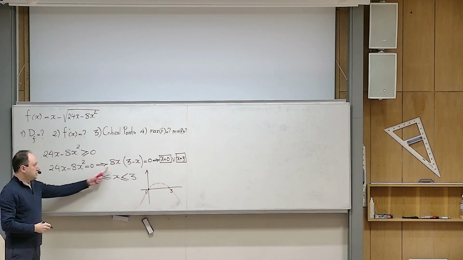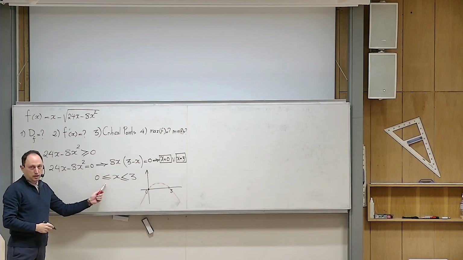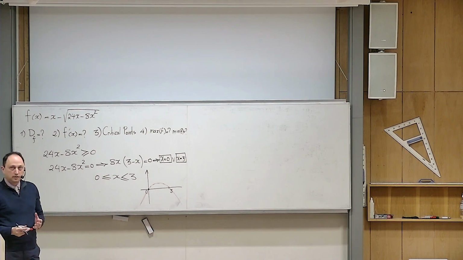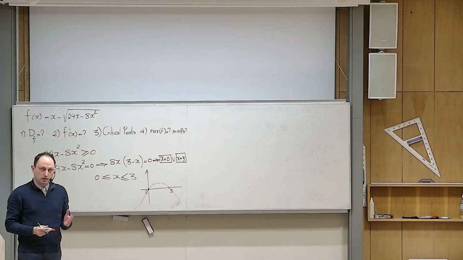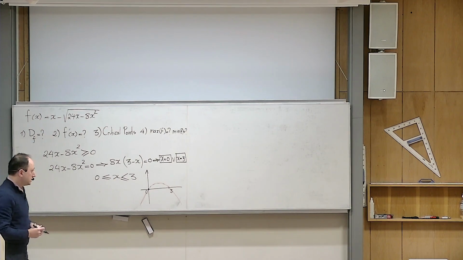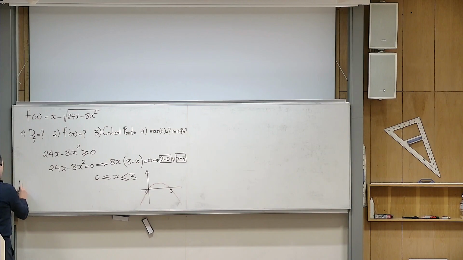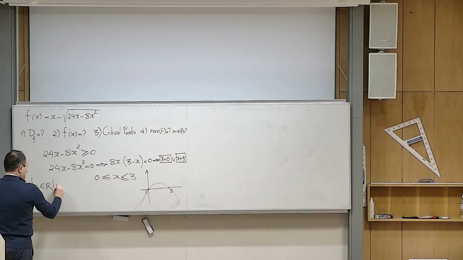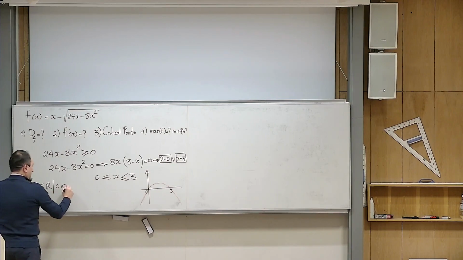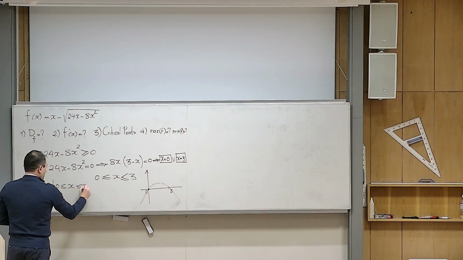But of course, you are not allowed to write this as the domain, because by definition, the domain is the set consisting of those values. So you can write the domain of f is the set consisting of x's in the set of real numbers, x belonging to R, such that 0 is less than or equal to x, less than or equal to 3.